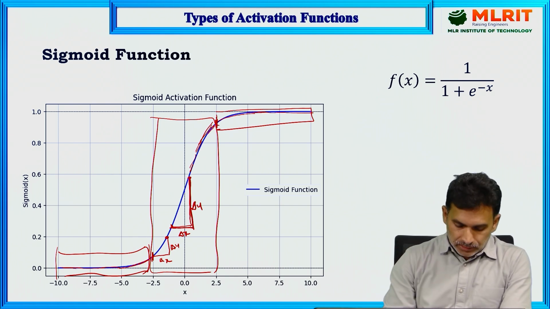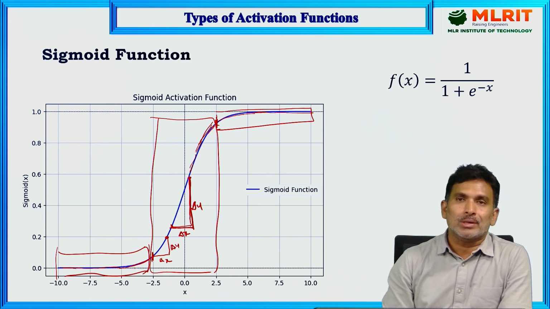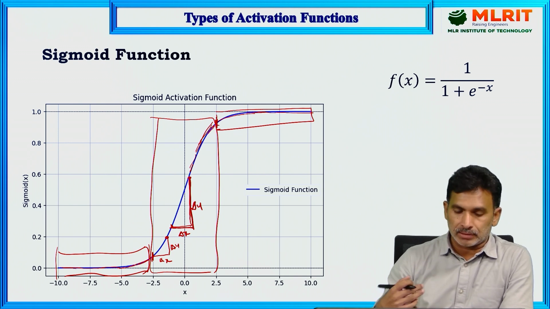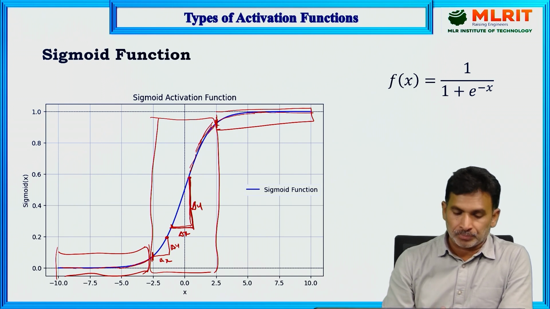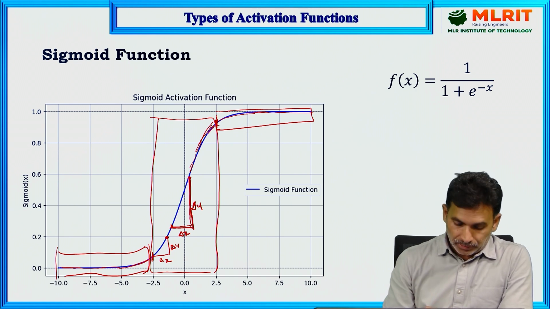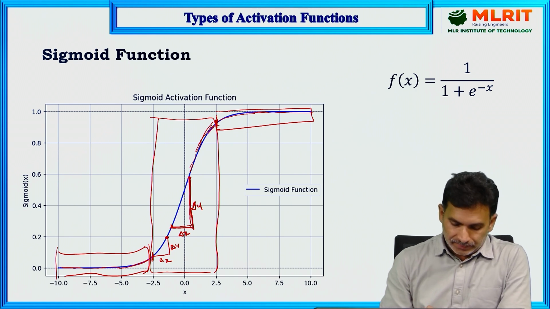A small change means a small gradient. We will discuss how the learning rate is correlated, and I will show these plots also to understand in detail.